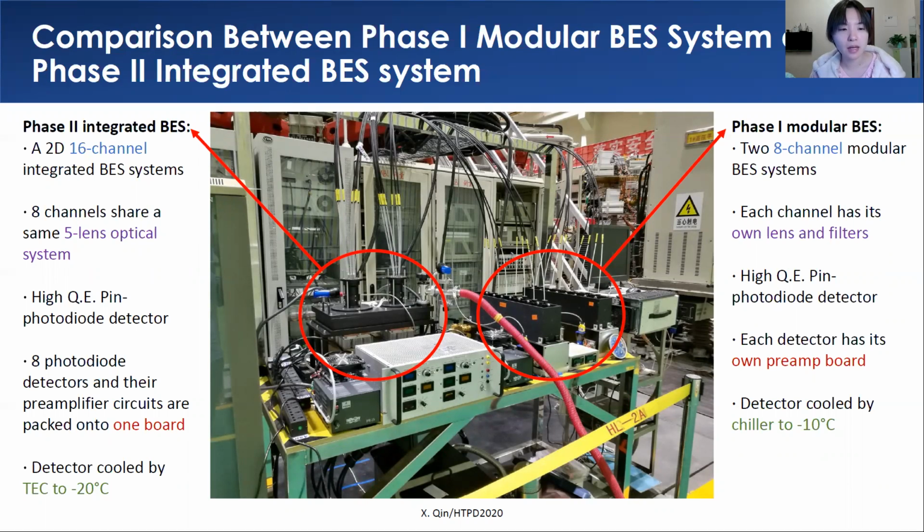It also has 8 photodiode detectors and their preamplifier circuit packed onto one board. It uses TEC to cool down the detector to negative 20 degrees Celsius instead of using chiller, which is cheaper and gives better performance to the detector.